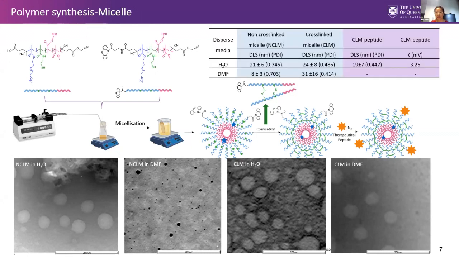And DLS measurement also proved the size change when those two particles were back-dissolved into organic solvent. And the last step is the same as the hyperbranched polymer. We conjugated the therapeutic peptide on the surface of the micelles via copper-free click chemistry.